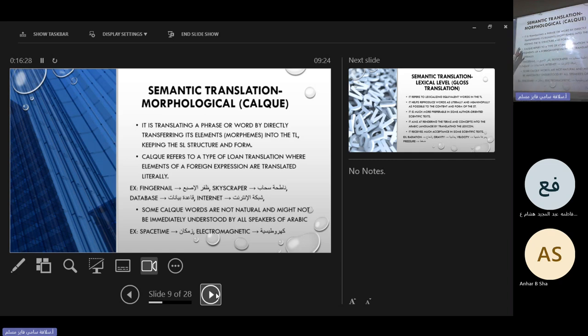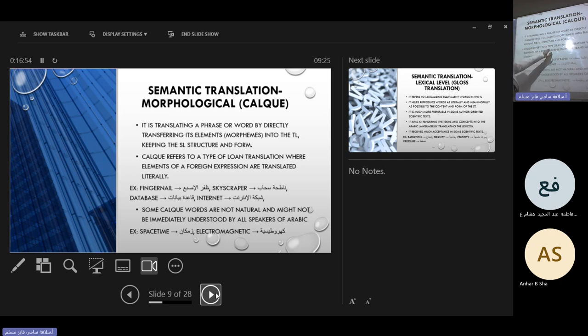It is translating a phrase or a word by directly transferring its elements, morphemes, into the target language, keeping the source language structure and form. We're still keeping the source language structure and form.